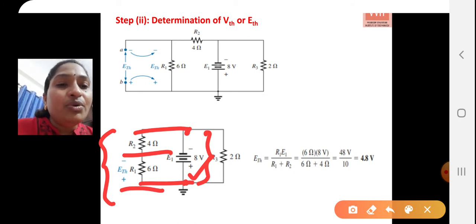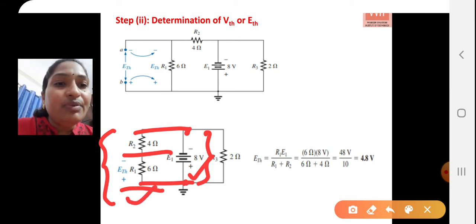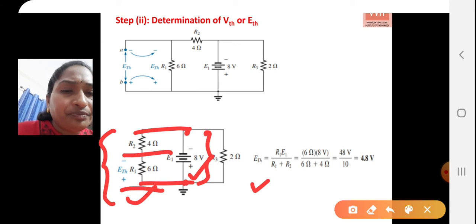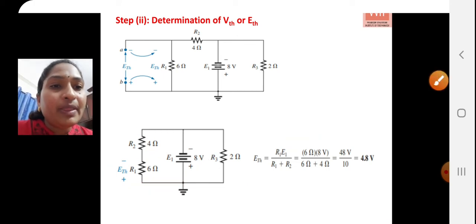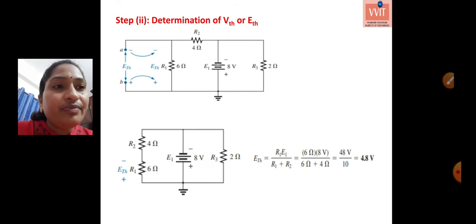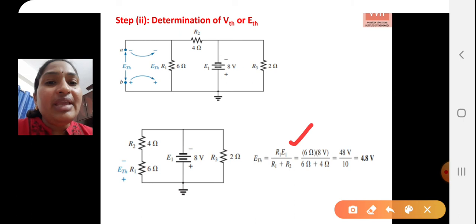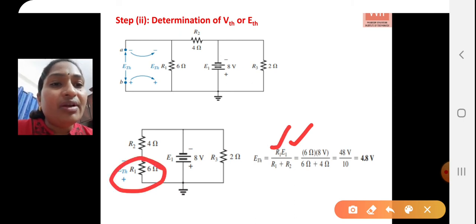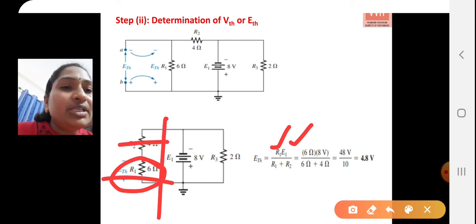So we can calculate E Thevenin, which is equal to the applied voltage E1 times the branch resistance R1 divided by the sum of the two resistances, R1 plus R2.